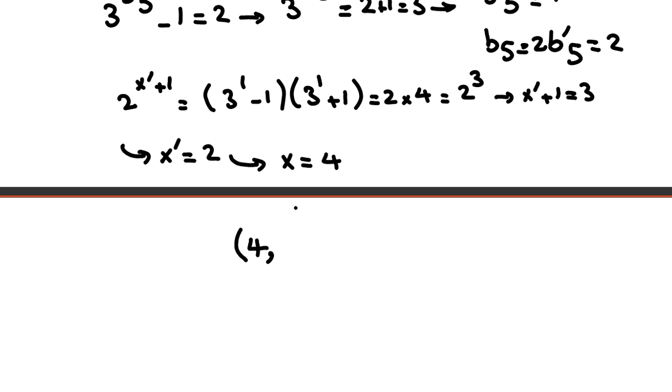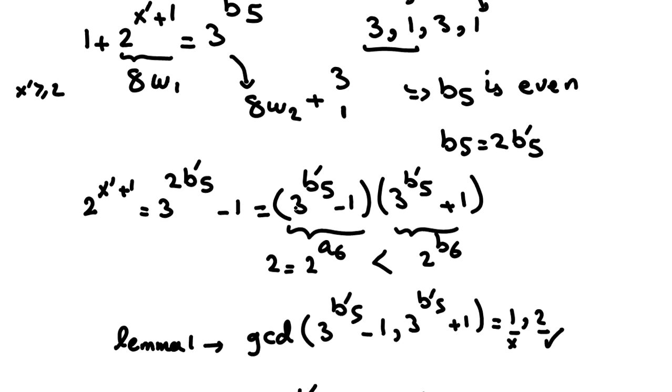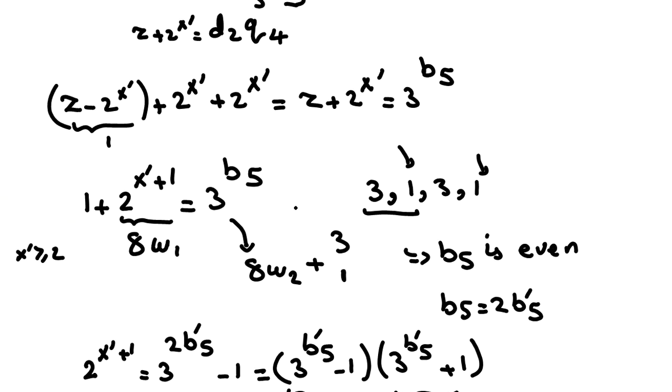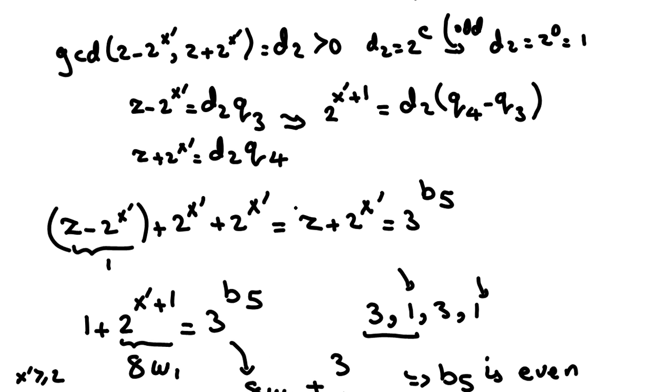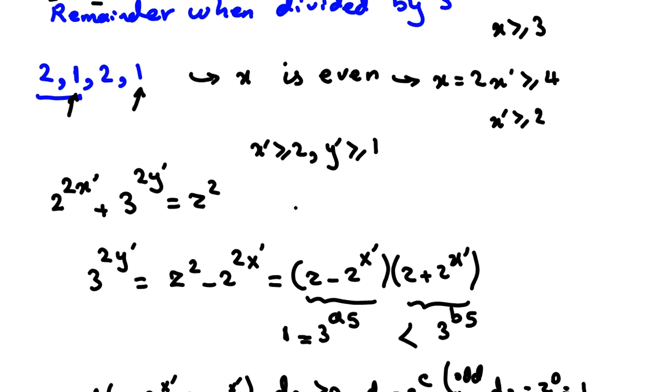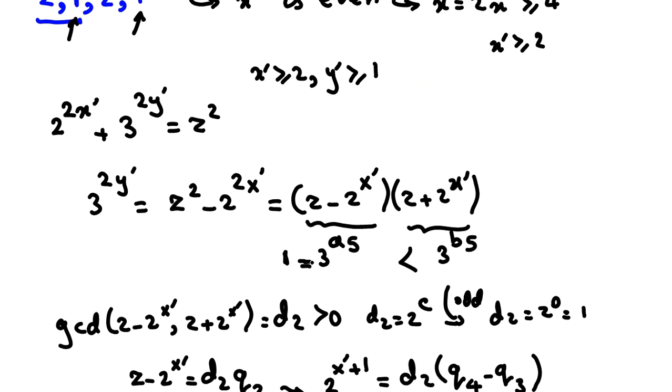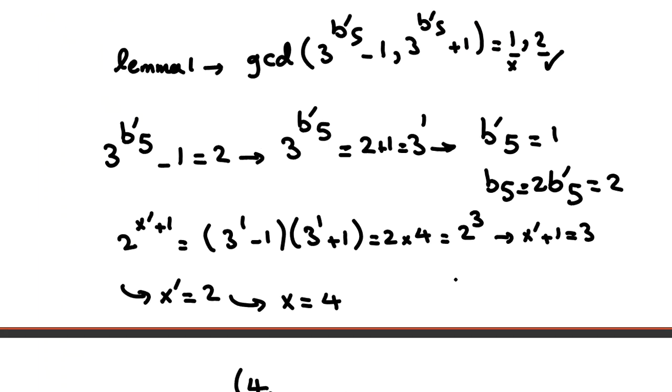Let's find y. y was what here? Step by step, let's go backward. If we go here, it is 3 to the a5 times 3 to the b5 to find 3 to the y prime. So b5 was what? We've calculated b5. b5 is 2.